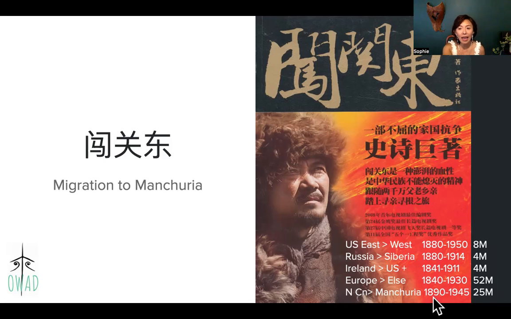So this event happened at the turn of the century of the 19th century. Is it called 19th or 20th? Okay, the early 19th to 20th century turn. So it's roughly 130 years ago, and lasted about half a century and 25 million people, because China back then was already a pretty highly populated country, because it's farm based, it's a lot of population.